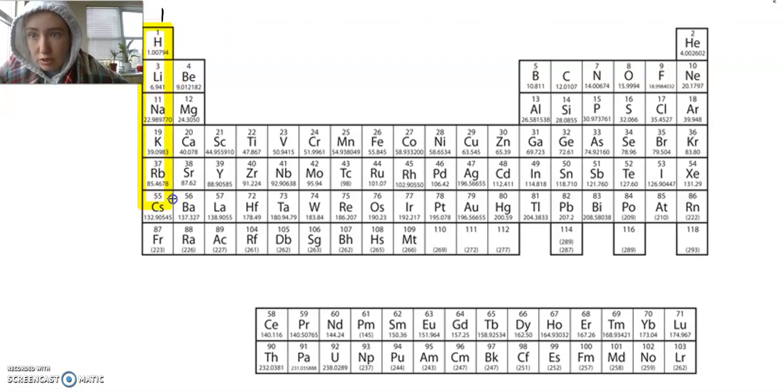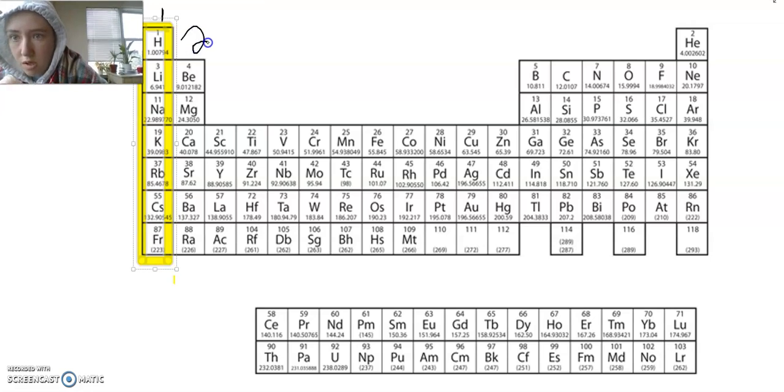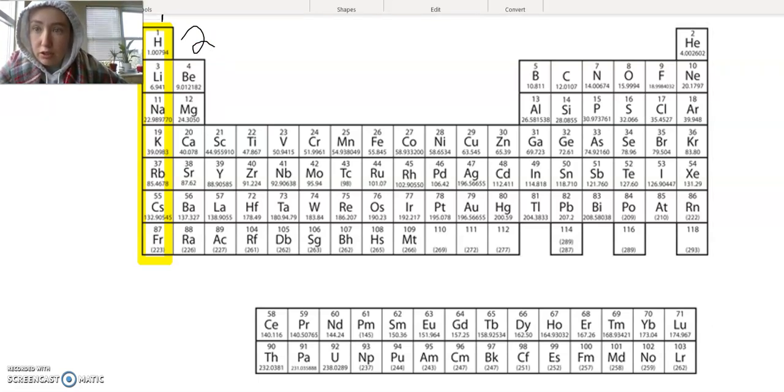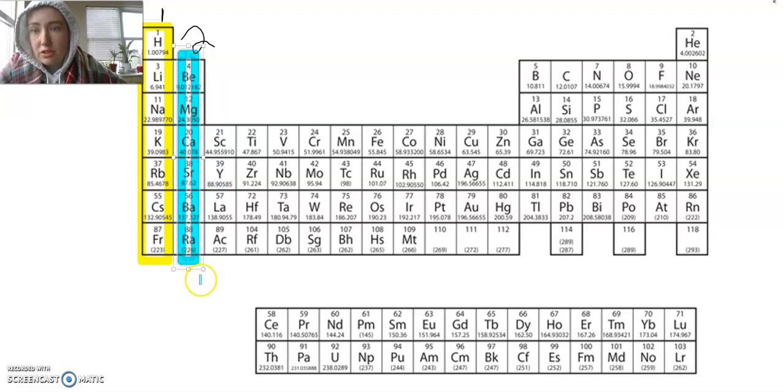So this whole column that I'm highlighting in yellow has one valence electron. As we move over, now this whole column right here is going to have two valence electrons. So two valence electrons, and I'll put a highlighted box on there as well. So that whole blue column has two valence electrons.